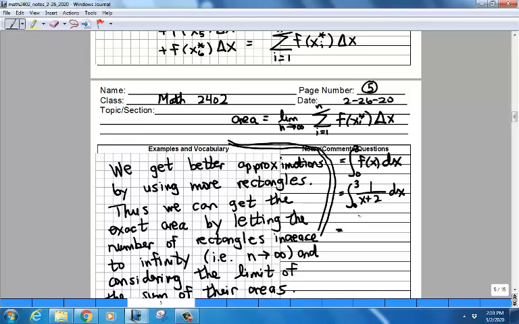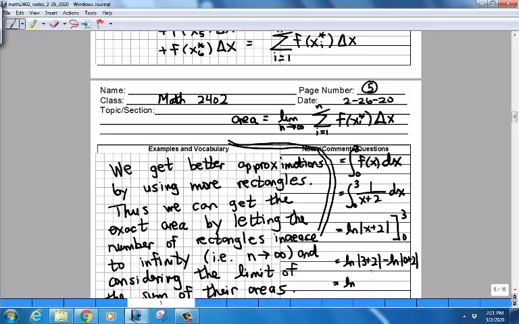It's the natural log of x plus 2, and we're going to evaluate that from 0 to 3. So we get the natural log of 3 plus 2, minus the natural log of 0 plus 2.